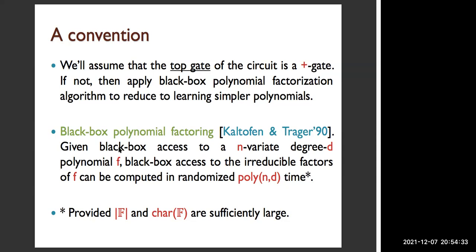It states that given black box access to an n-variate degree d polynomial f, we can compute black box access to all the irreducible factors of f in randomized polytime. There are some minor restrictions on the field size and the characteristic. Let us ignore that. So if you're given a polynomial whose top gate is a product gate, you can always find all the factors and then try to reconstruct the factors, which are possibly simpler circuits.